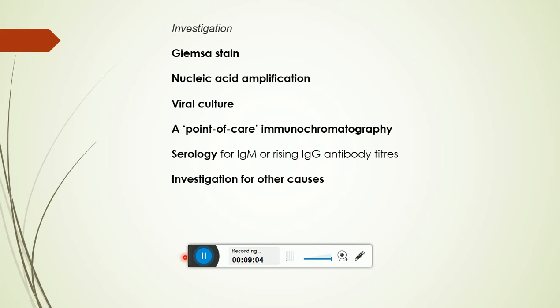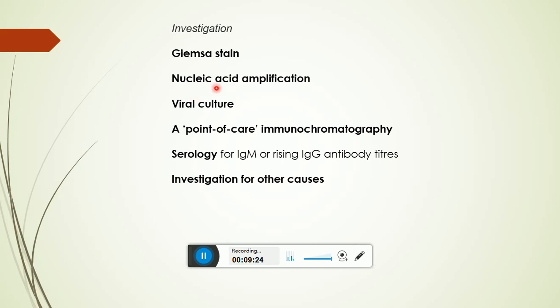Investigations are not necessary. If the diagnosis is in doubt, or if there is failure of resolution, then you can investigate. Giemsa stain will show mononuclear cells in adenoviral conjunctivitis and multinucleated cells in herpetic infection.